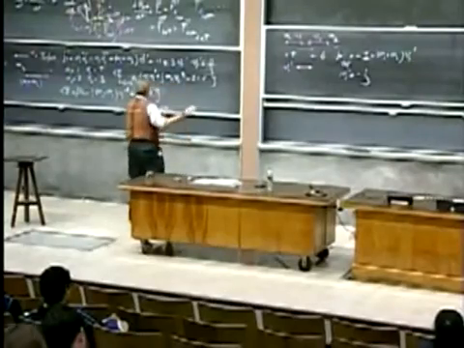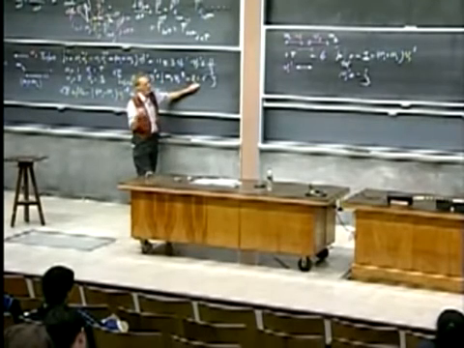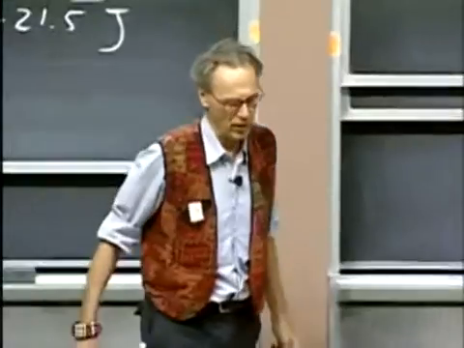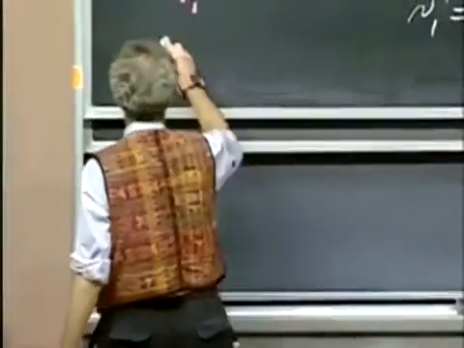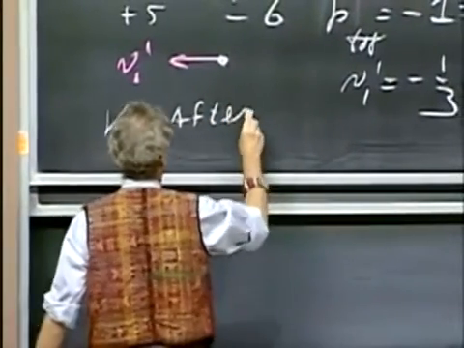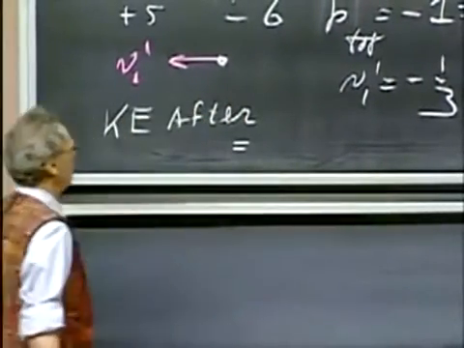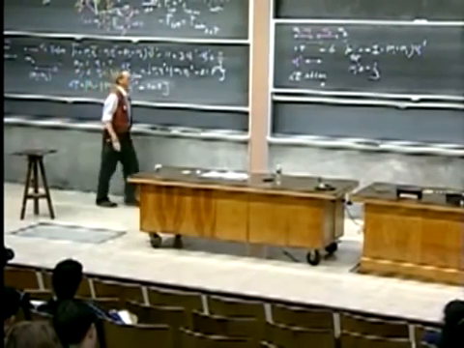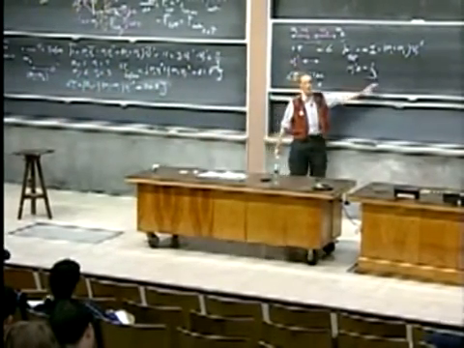The kinetic energy before has not changed. It was 21.5 joules, right? That is independent of how I collide them with each other. What now is the kinetic energy afterwards? This is a great tragedy, because now you get 1/2 the sum of the masses, which is 3, times this small number squared.